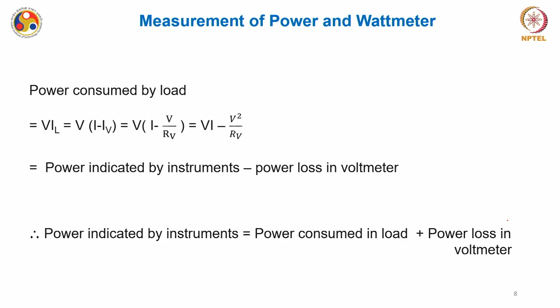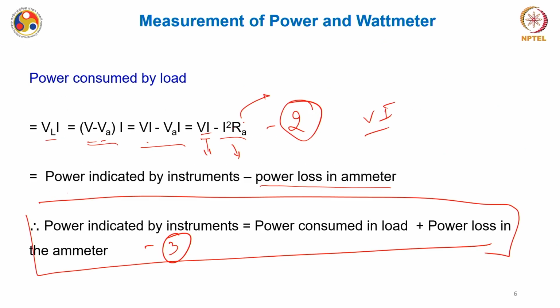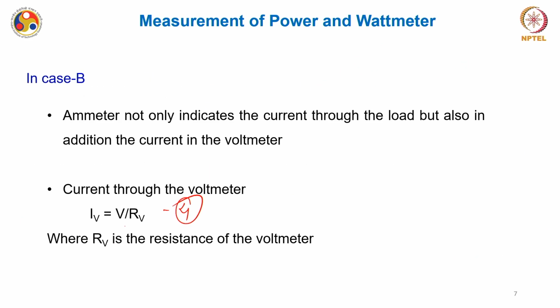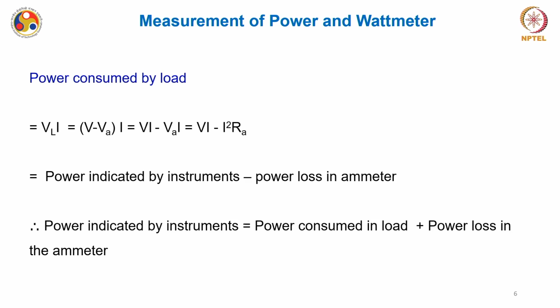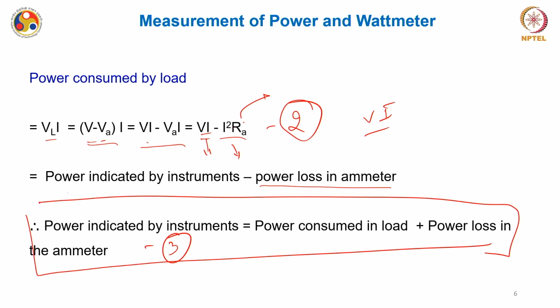Now if you see equation 3 and equation 6, they are very similar if not the same. In equation 3 we calculated the power indicated by the instrument, the power that we are seeing, as the power consumed in the load plus the power loss in the ammeter.